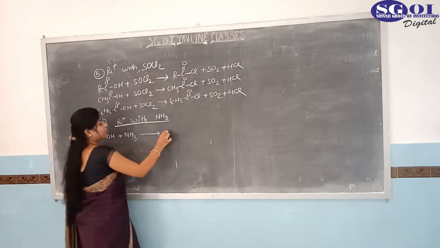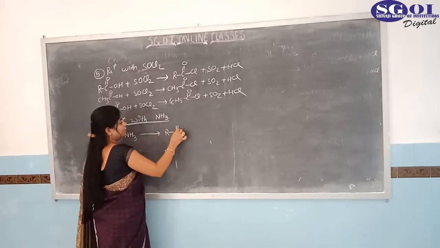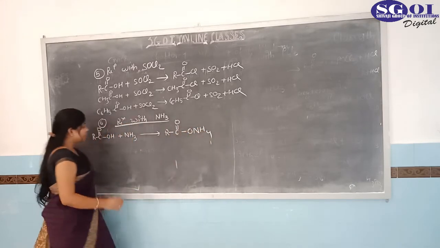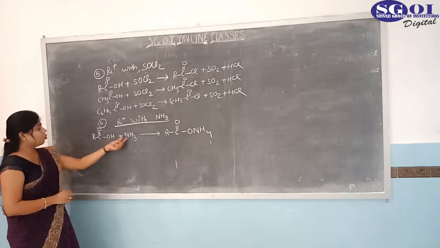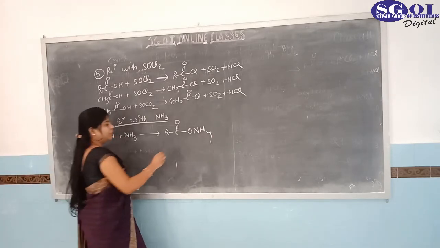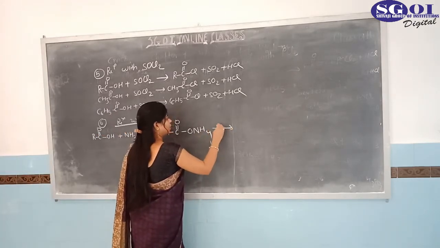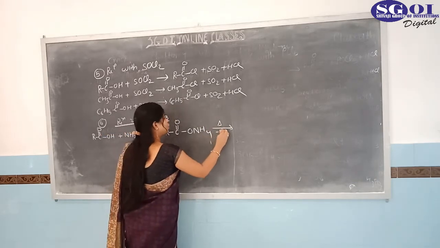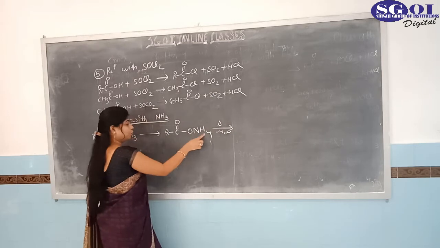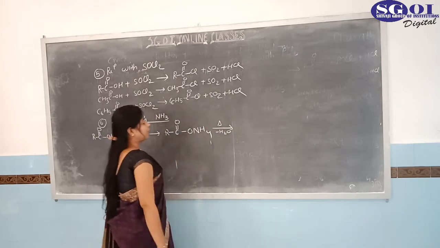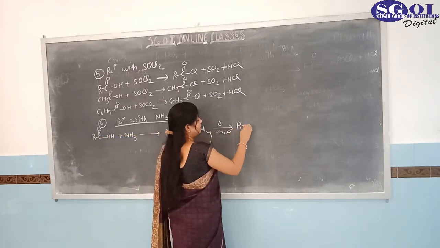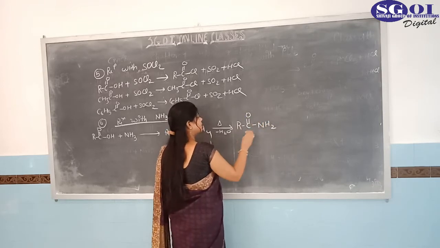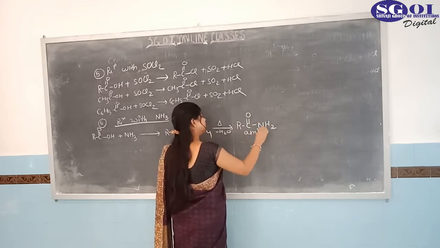So what we get, RC double bond O ONH4. Now it is going to be heated. When we heat it, removal of water H2O takes place. Then what we get, RC double bond O NH2, that is amide.